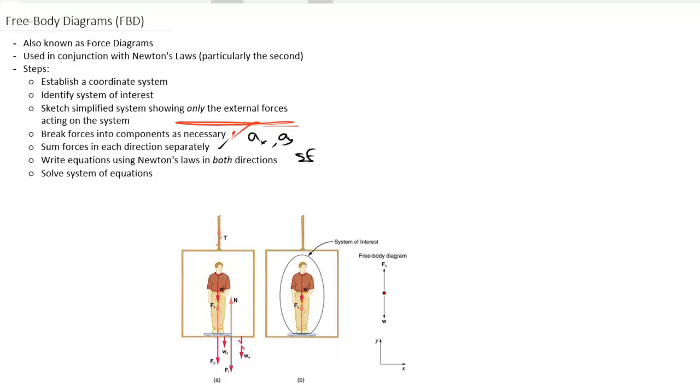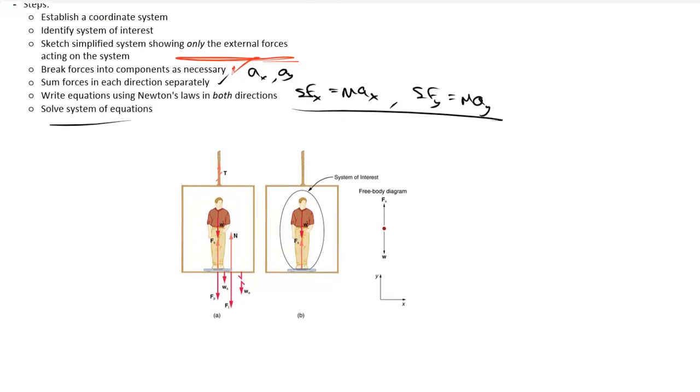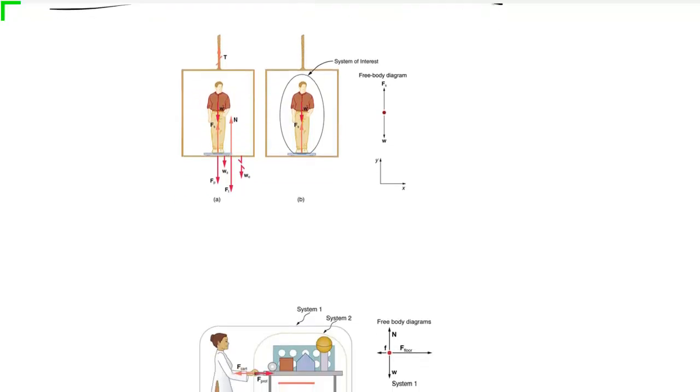So we have the summation of forces in the x direction is mass times acceleration in the x direction, and the sum of forces in the y is equal to mass times acceleration in the y. So we write out these equations and then we solve them. Okay, so let's check out a couple examples of this.